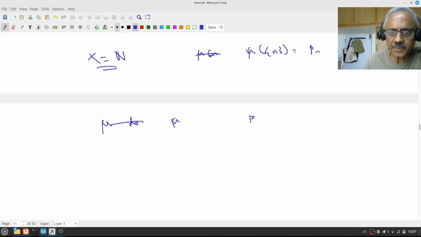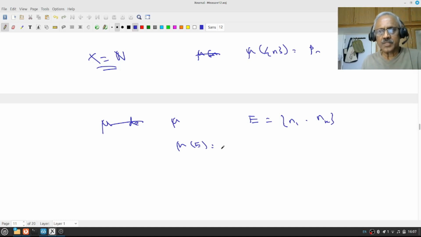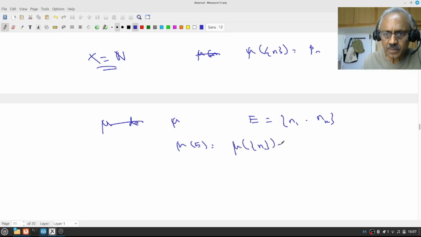Suppose my E equals {n_1, ..., n_k}, then what will be mu of E? I want it to be countably additive, therefore mu of E is mu of {n_1} plus ... plus mu of {n_k}, which equals p_{n_1} plus ... plus p_{n_k}.